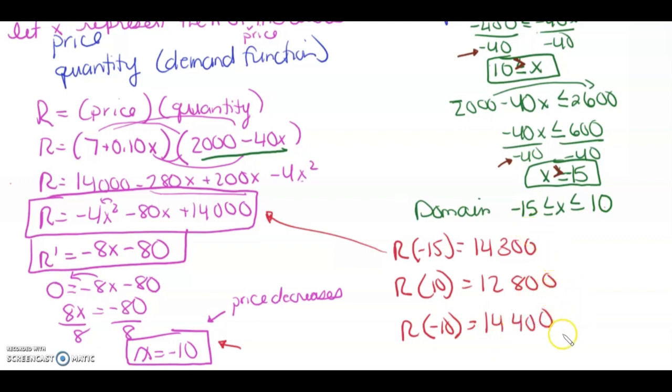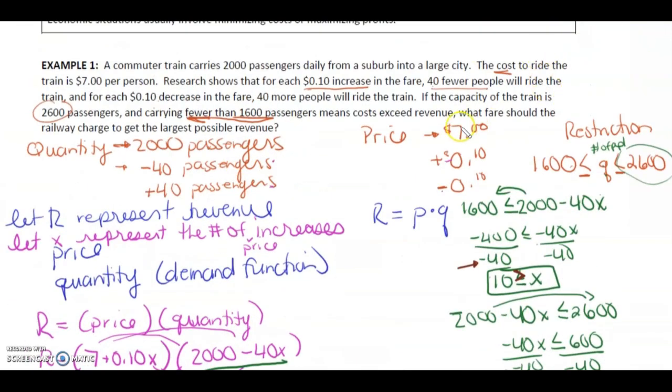So when taking a look at this, what is the biggest number here? Well, it's 14,400. So what this means is with 10 price decreases, we're going to maximize the revenue at $14,400. So going back to the original question, it asks, what fare should the railway charge to get the largest possible revenue?